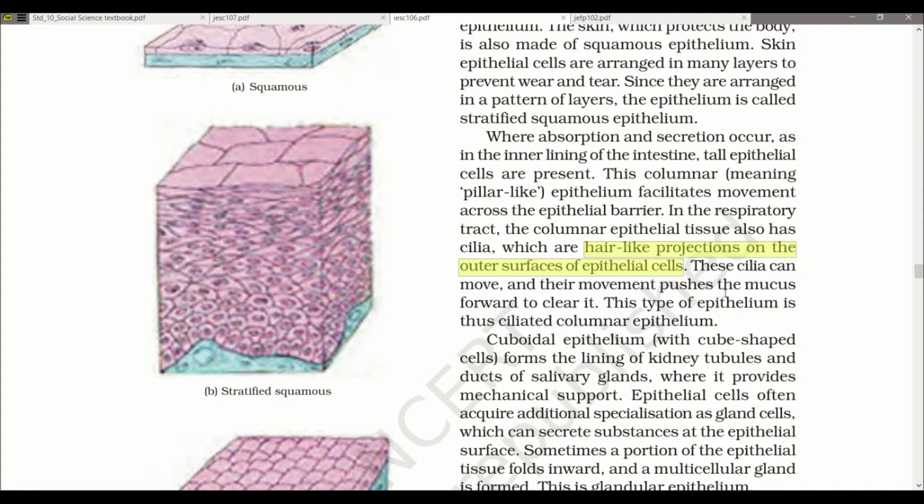So the mucus that comes out from the lungs to our nose, and we throw it out into the environment, is due to this columnar epithelial tissue, as it has cilia, and those cilia push the mucus outside the body. This type of epithelium is thus ciliated columnar epithelium because it has cilia and it is a pillar-like structure. So that's why we call it ciliated columnar epithelium.